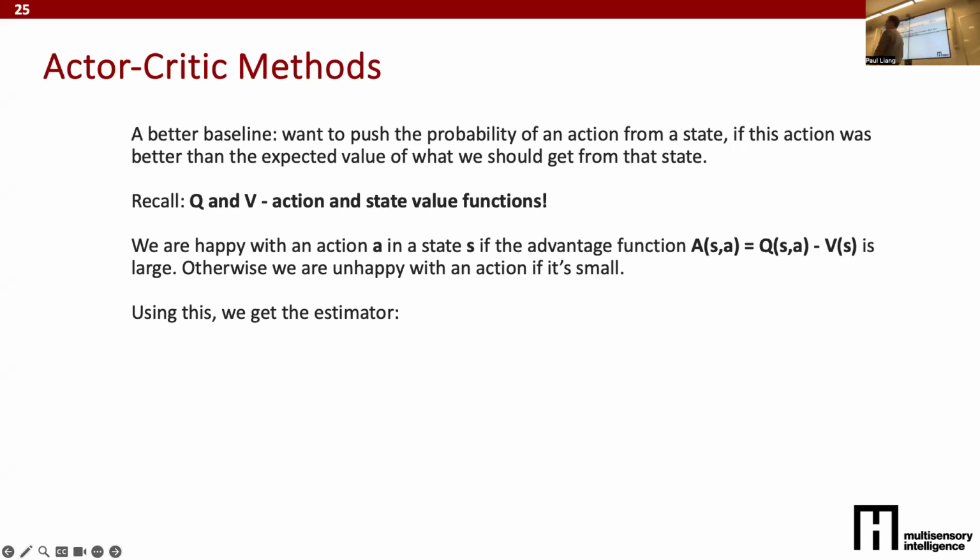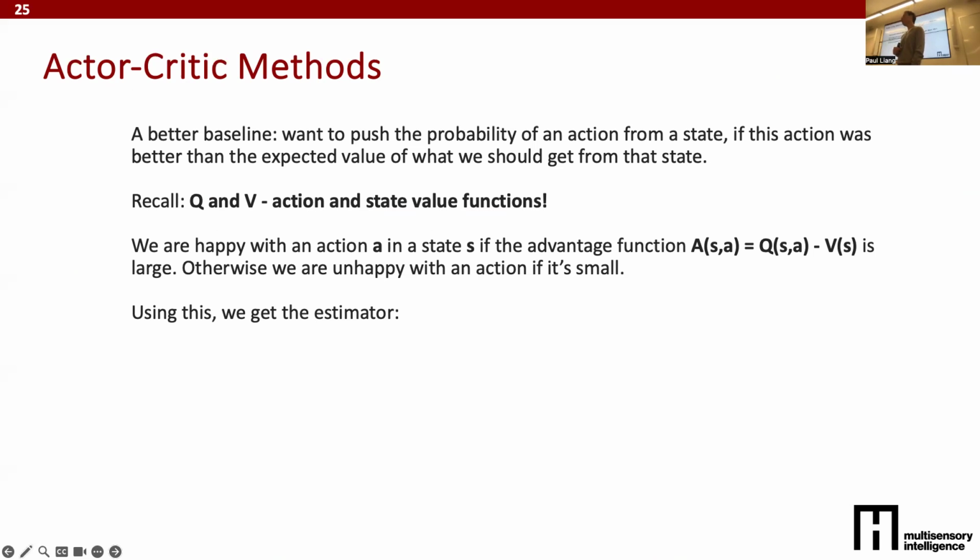An advantage basically means what is the advantage of taking a particular action from that state. And again, this advantage is measured in terms of not just the immediate reward, but in terms of the long-term expected rewards. So if this A of S, A is very big, that means we are very happy with this action because it gives us much better long-term reward.